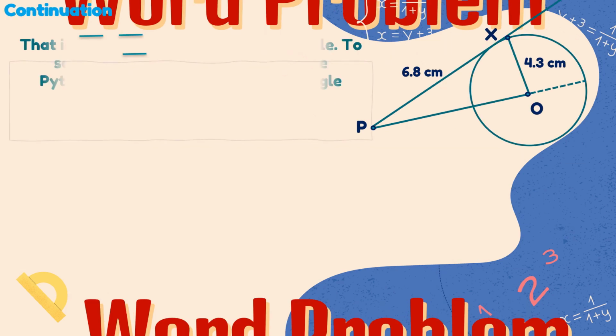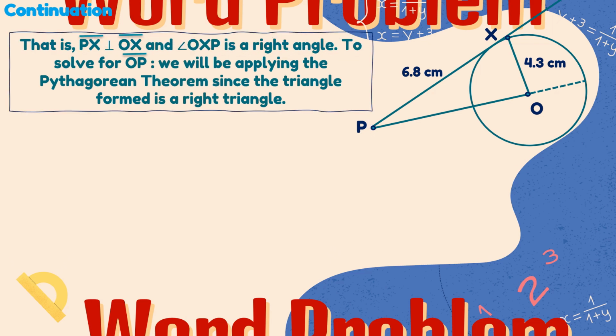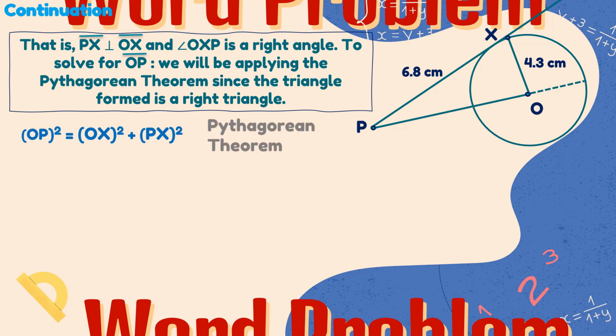That is, line segment PX is perpendicular to line segment OX, and angle OXP is a right angle. To solve for line segment OP, we will be applying the Pythagorean theorem, since the triangle formed is a right triangle. OP squared is equal to OX squared plus PX squared.